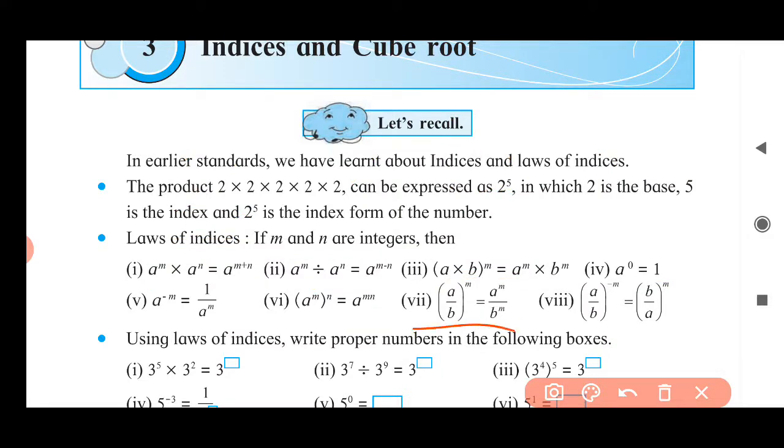Okay. Now the seventh one, a upon b raised to m is equal to a raised to m and b raised to m separated. a raised to m upon b raised to m, the separation of the index.